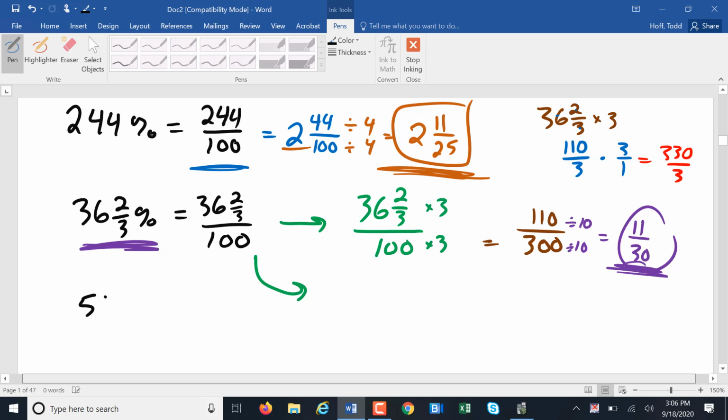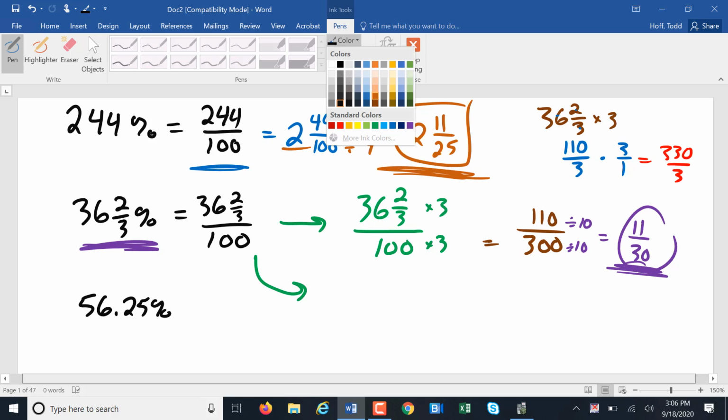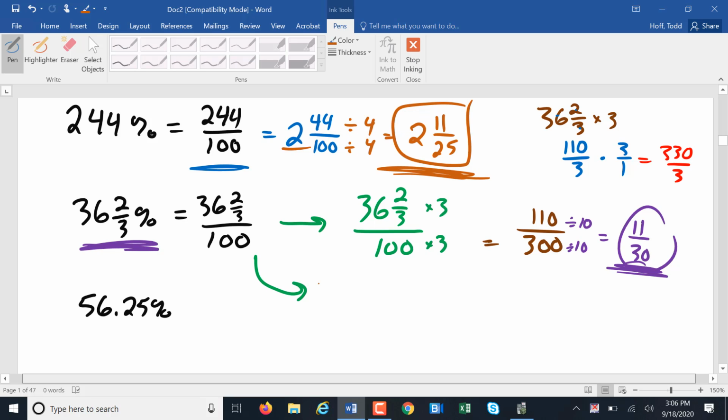We might have 56.25%. Oops, I forgot to show you the second way. Sorry, the second way we can reduce this here. I can actually just treat it as a division. 36 2/3 over 100 is 36 2/3 divided by 100.